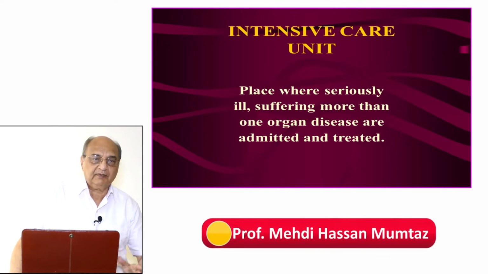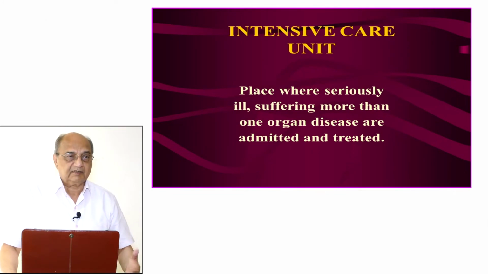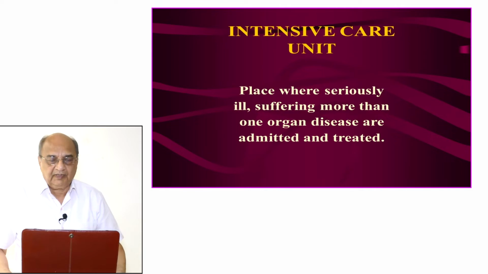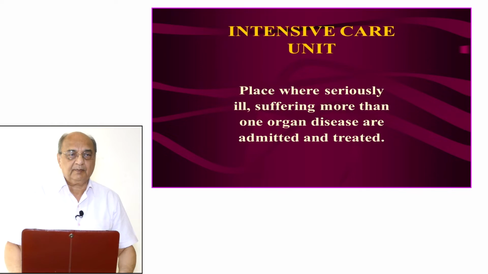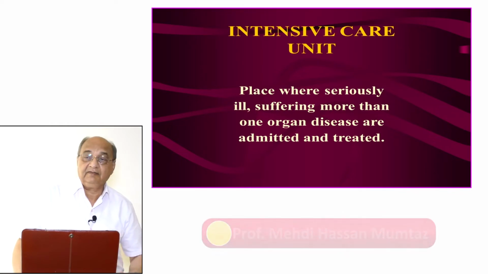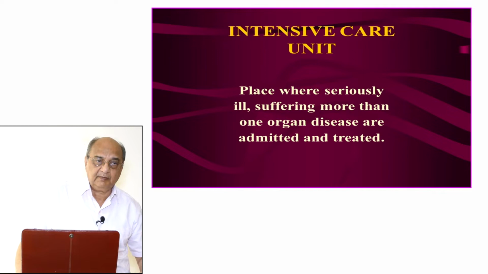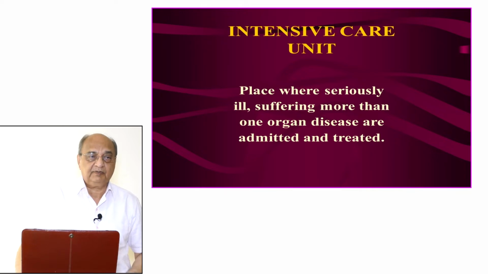So level 0 and level 1 are kept in the ward or in the room, and they require ordinary nursing care. Any patient who has a comorbidity which needs to be stabilized and is suffering from one organ disease, for example, the patient is diabetic or hypertensive, and the diabetes needs to be controlled, is an HDU patient, high dependency unit.